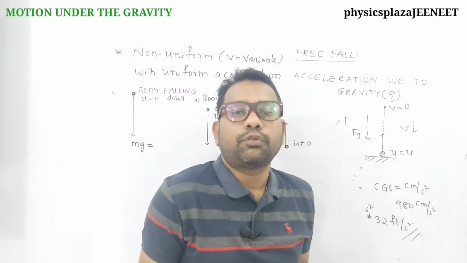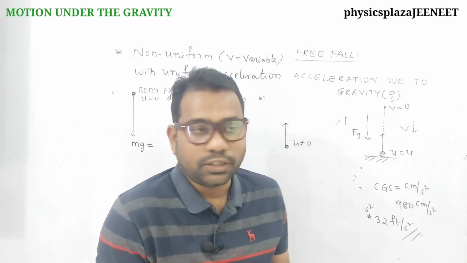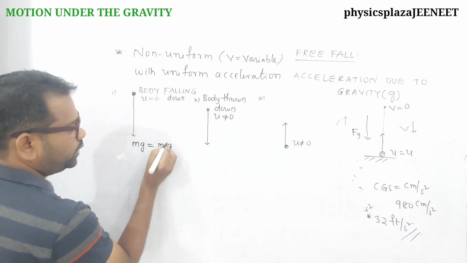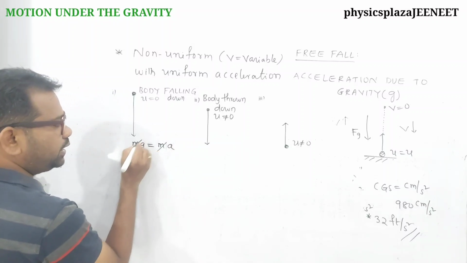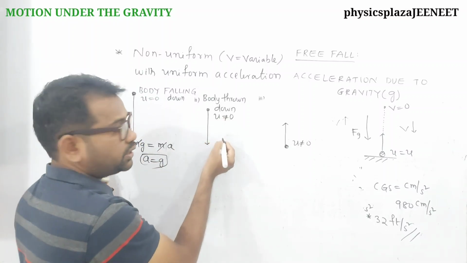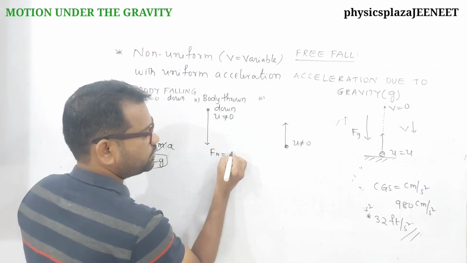So the net force is equal to weight, because other than the weight no other force is acting in these three cases. So here mg is equal to ma. So mg is equal to ma, right? Okay, m cancels, so a is equal to g, right? In this case also, at any instant, the net force acts as the weight only, right?